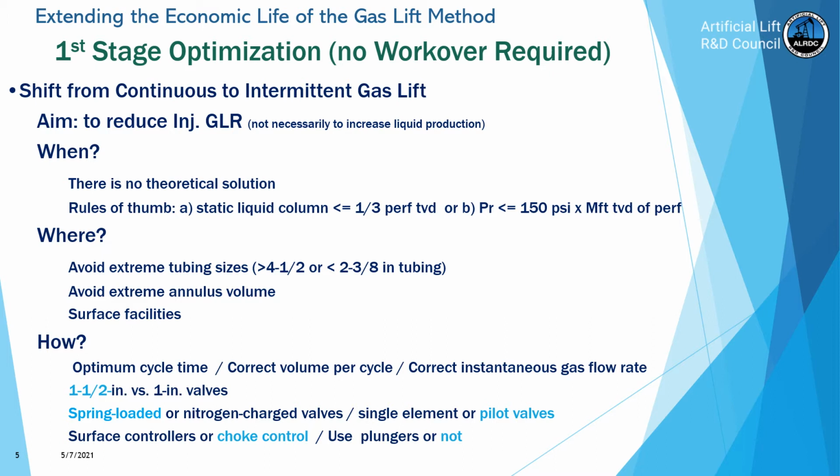So the injection gas liquid ratio will be more or less the same. That's not the problem. The problem is that the system might not be able to provide the gas flow rate that is needed across the operating valve in order to sustain a liquid slug velocity of around 1,000 feet per minute. That velocity has to be maintained, because that's how we minimize the fallback losses.